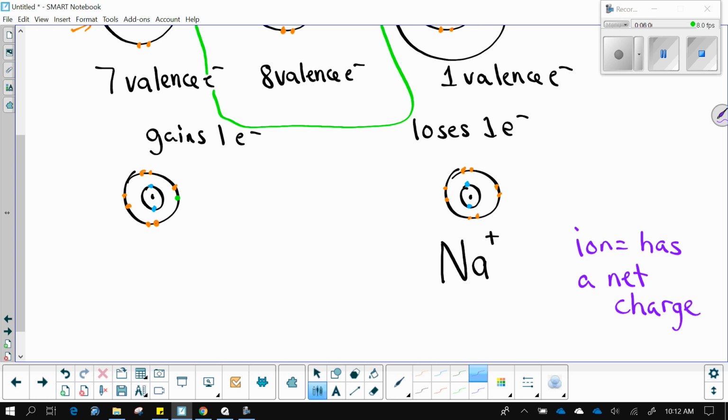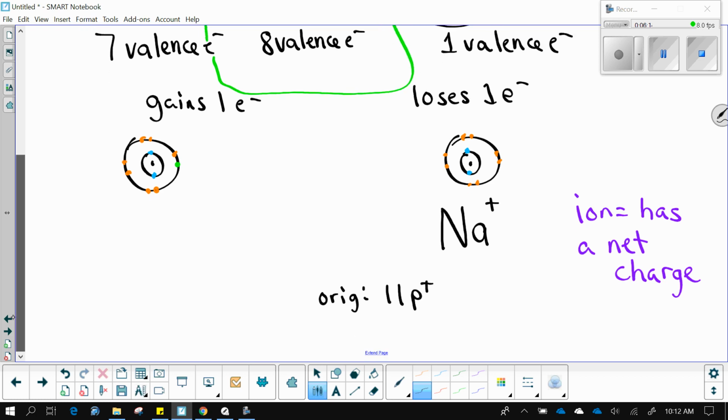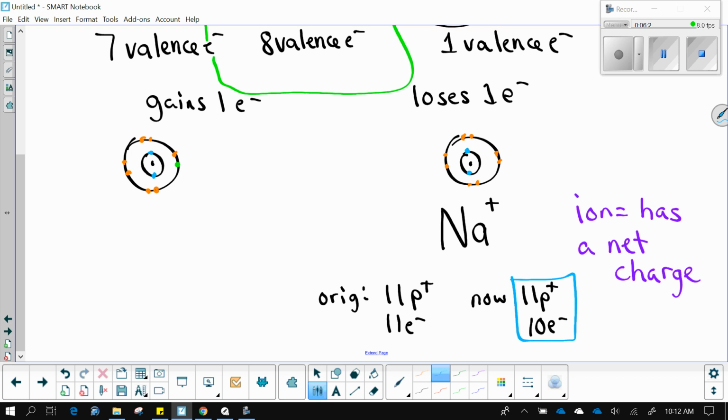Sodium originally had 11 protons and 11 electrons. Now, it has 11 protons and only 10 electrons. So when you combine that, you have a net positive. So you lose an electron, you become positive.